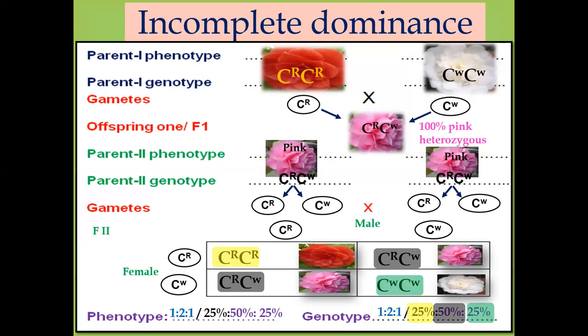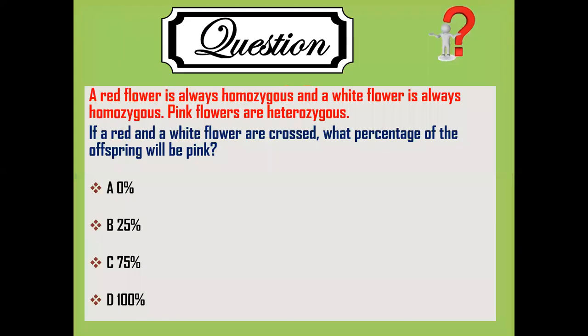So here we got the idea that if there's an incomplete dominance, the F1 generation will be 100% intermediate variety, while in F2 generation, there will be the ratio 1:2:1, and the phenotypic and genotypic ratio will be the same. So if you see the example in a question, a red flower is always homozygous, while the white flower is always homozygous.